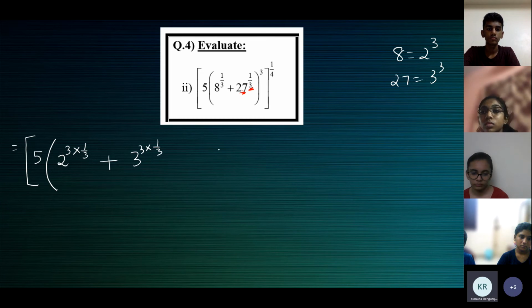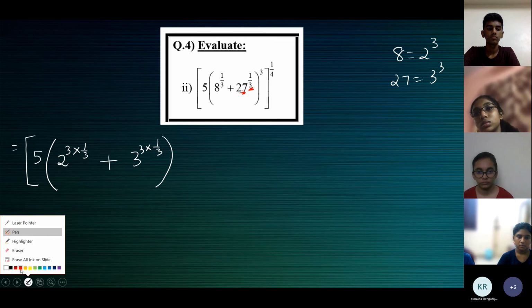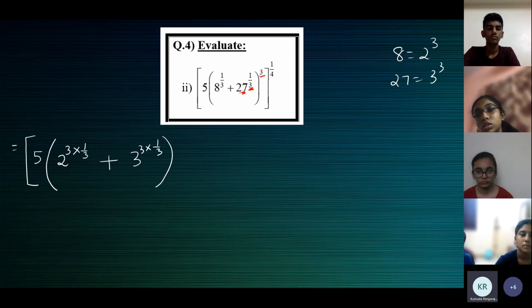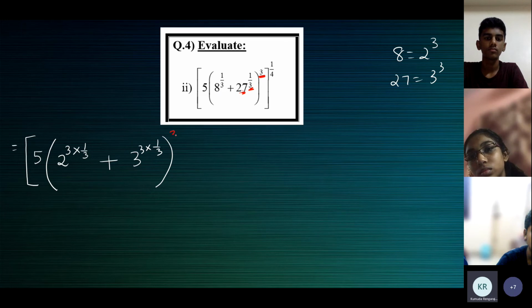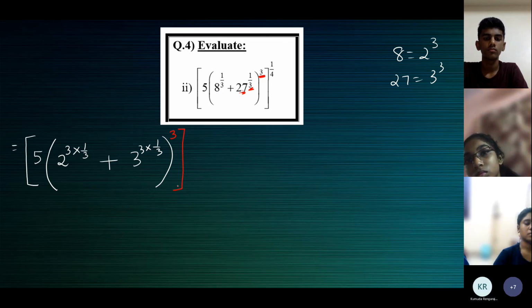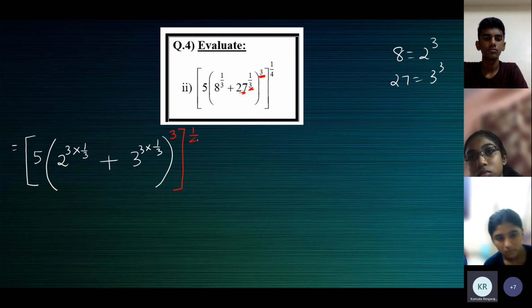Now can you see the bracket is closed? Close the bracket. Then can you see this 3 here? So write the 3. Then close the square bracket and raise it to the power 1 by 4.